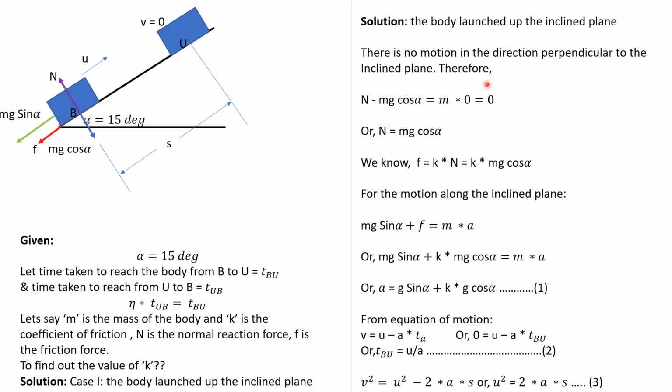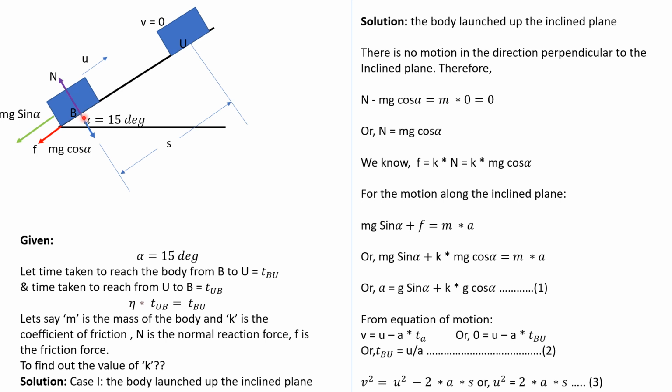There is no motion in the direction perpendicular to the inclined plane because the body is all the time touching the plane. The component of gravitational force perpendicular to the plane is mg cos alpha.